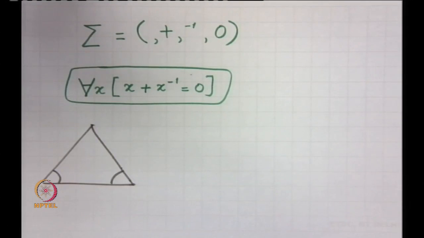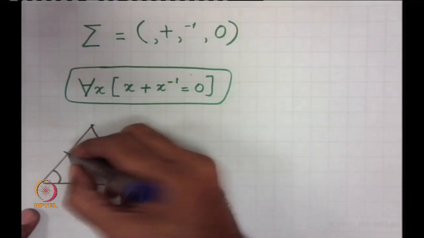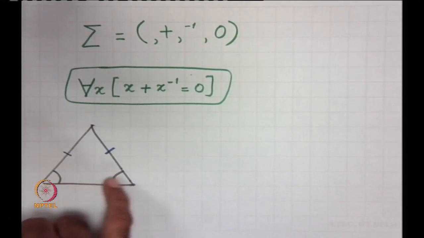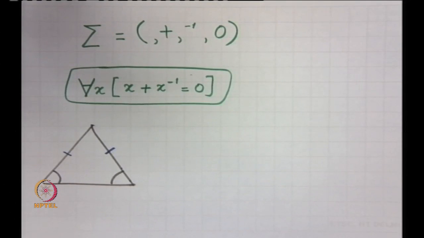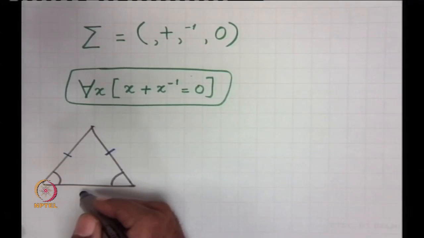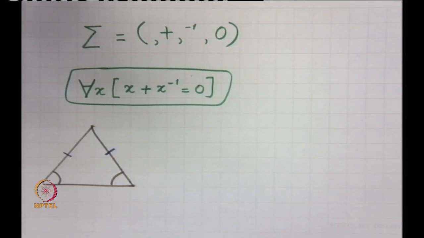One of the standard things that happened was that you are, for example, given that these two sides are equal, and you have to prove that these two angles are equal. One of the standard things was that you drop some perpendicular or some such thing, or you drop a bisector and then prove that the two triangles are equal.